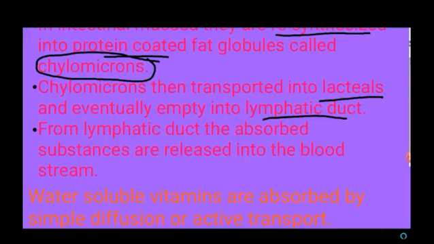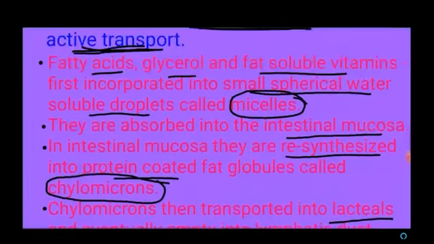From the lymphatic duct, these substances are released into the bloodstream. Thus the fatty acids, glycerol and fat soluble vitamins are taken into the blood.